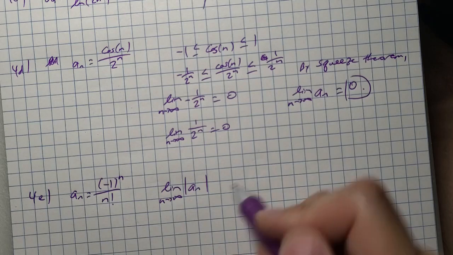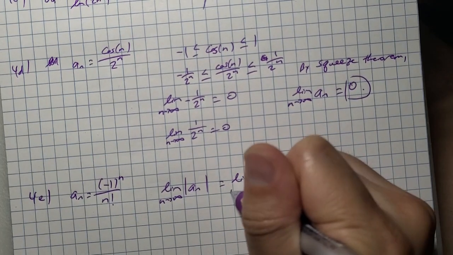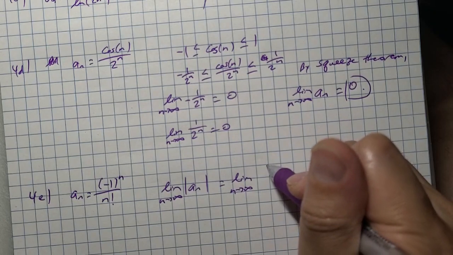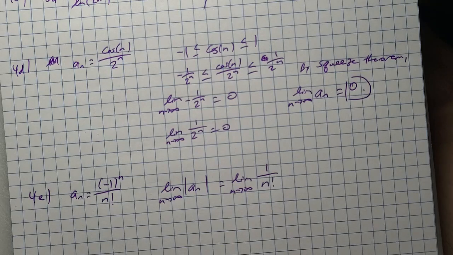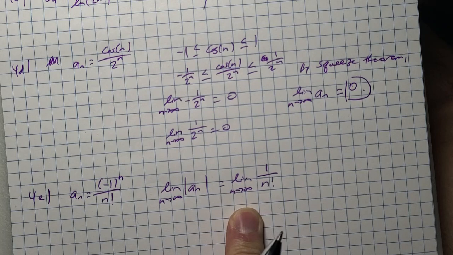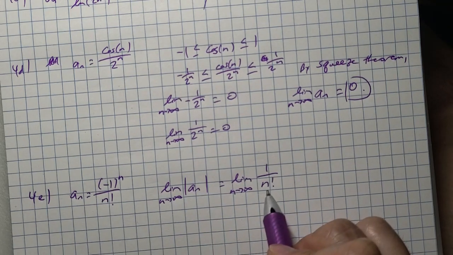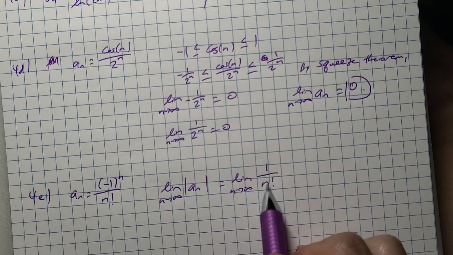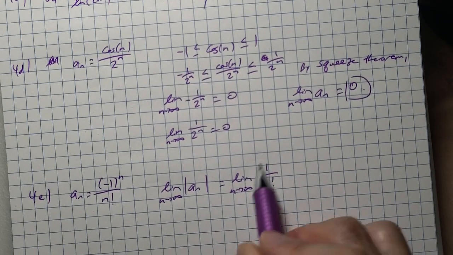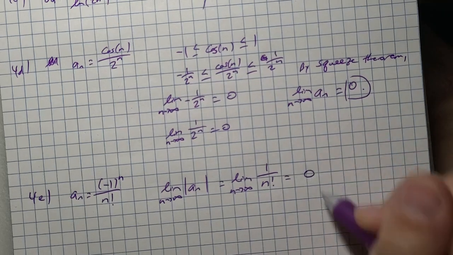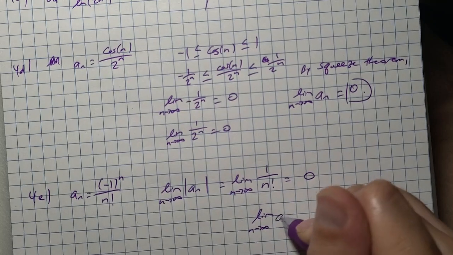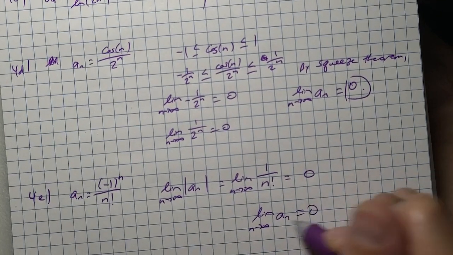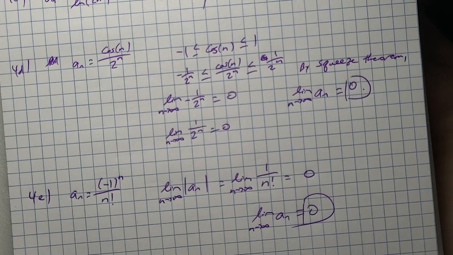So we get limit as n goes to infinity of 1 over n factorial, since the absolute value gets rid of the changing sign. Because it's n factorial, as n gets bigger, the denominator gets bigger and bigger, so the value gets smaller and smaller, converging to 0. So limit as n goes to infinity of a sub n, without absolute value, is also equal to 0. So it converges to 0 also.